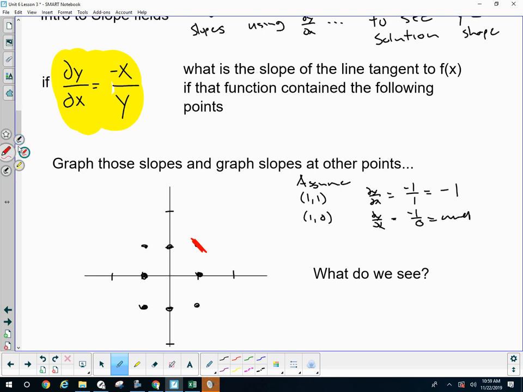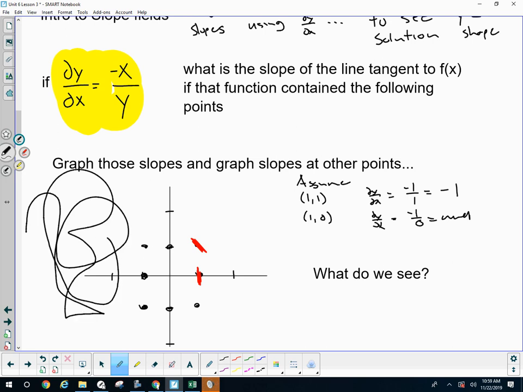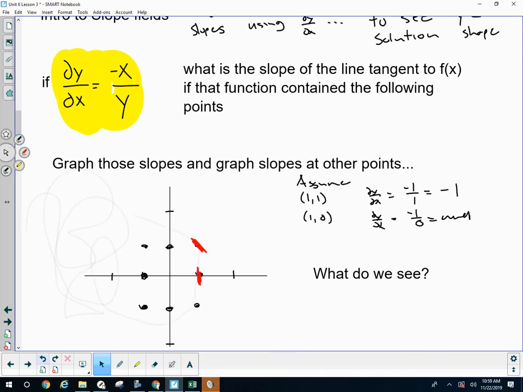An undefined tangent slope is vertical. All of a sudden, I could have a bunch of different graphs here, but if I'm going to have this point, 1, 0, I know it's going to have a vertical tangent, and that vertical tangent is going to kind of push me into that point 1, 1, and all of a sudden I have a little bit more understanding of what the shape of my solution is.